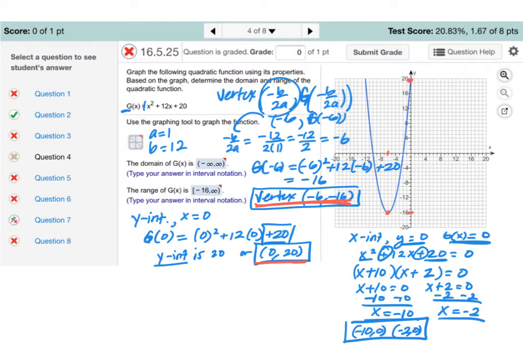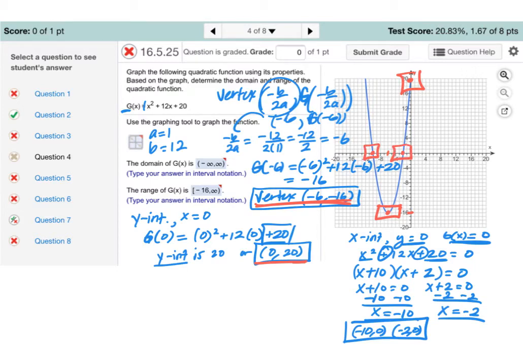Or we can plot an additional point of the x-intercept, which is negative 10, 0 or negative 2, 0. So here we see negative 10, 0 and negative 2, 0. All points are included. But in order to graph in MyLab, you only need 2 points, okay? So make sure you're plotting the vertex first, and then you can choose any other point that you want, okay?